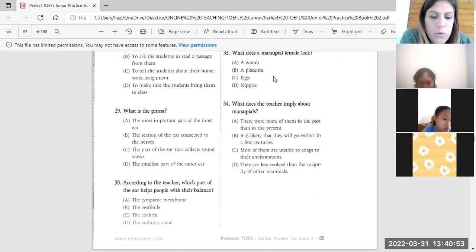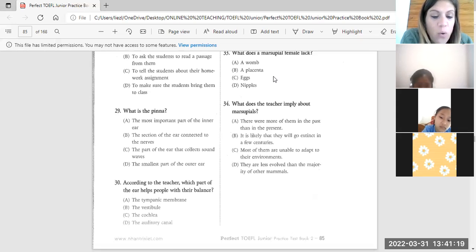Okay, number 34. The teacher points out nowadays, as I mentioned, marsupials primarily live in Australia and South America. DNA testing has shown that they actually originated in South America. However, the fossils have been found on every continent. Thus, they were once much more widespread.